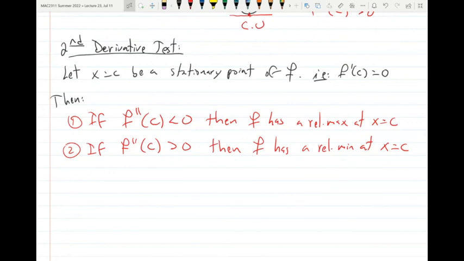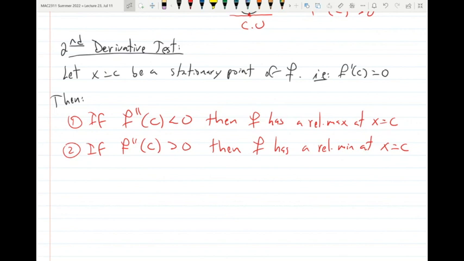Now, if you have f double prime of c equal to 0, then this is inconclusive. Okay. It could be a relative extrema, or maybe it is an inflection point. We don't know. So what do you do if you get second derivative equal to 0? Go back to first derivative test. I always like to do first derivative test because that always works regardless. Okay. But second derivative test is nice computationally because you don't have to look at signs. I mean, you don't have to do inequalities.